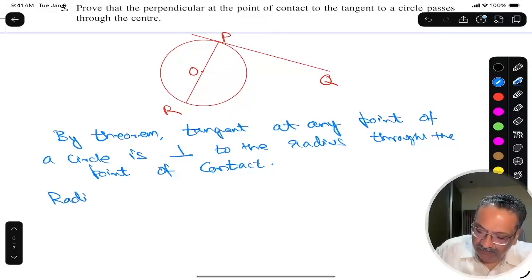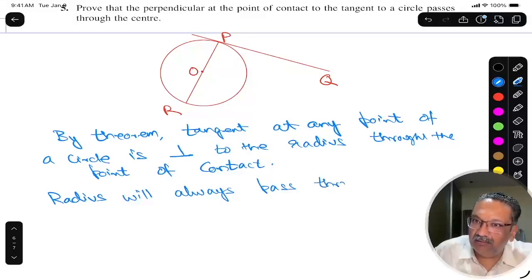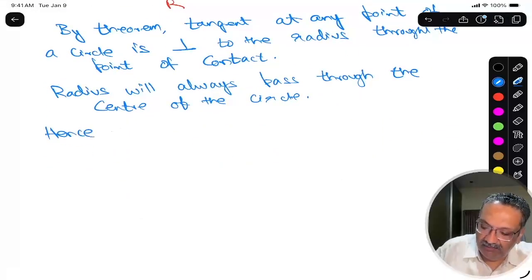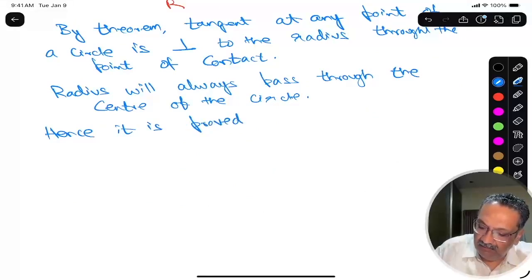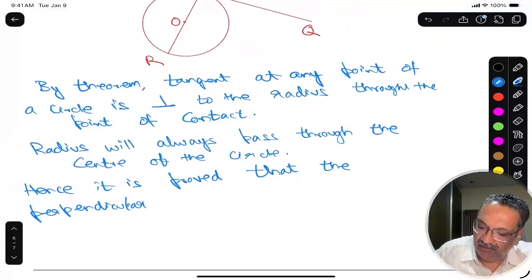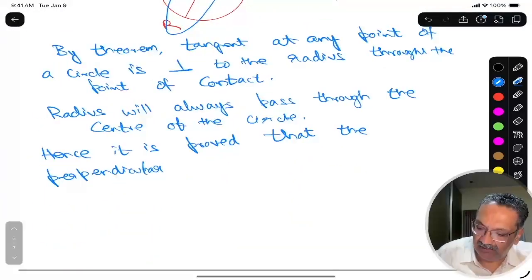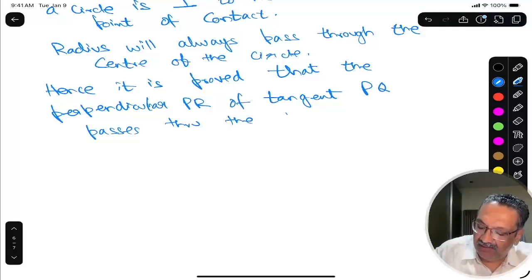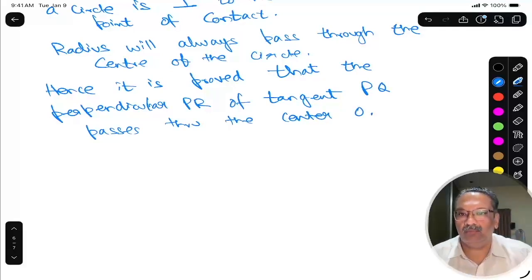Now, the radius will always pass through the center of the circle. Hence, it is proved that the perpendicular PR of tangent PQ passes through the center O. In our drawing, PR is the perpendicular. Alright.